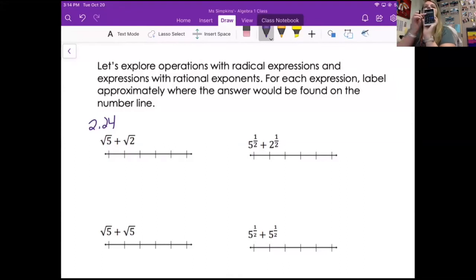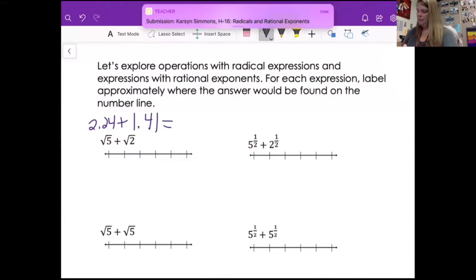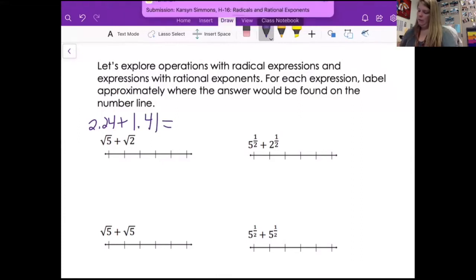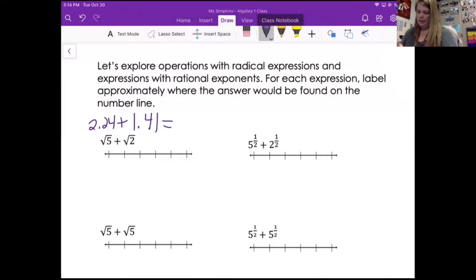Okay. And then if we did the square root of 2 estimated, we would get 1.41. And then if we added those together, 2.24 plus 1.41 is 3.65.